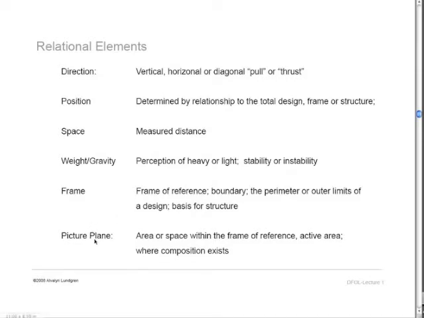A picture plane is the area that exists inside the frame. So if this is the fence, this is the pasture within it. This is everything that goes on within the frame, and so this is the active area where your composition exists.